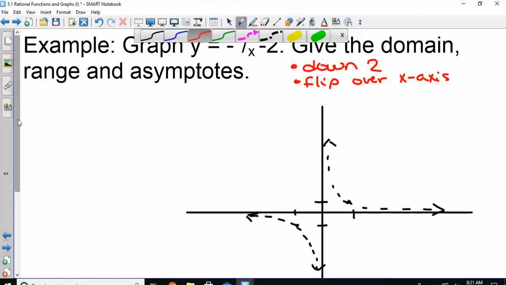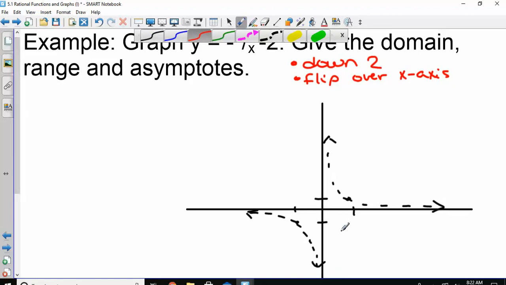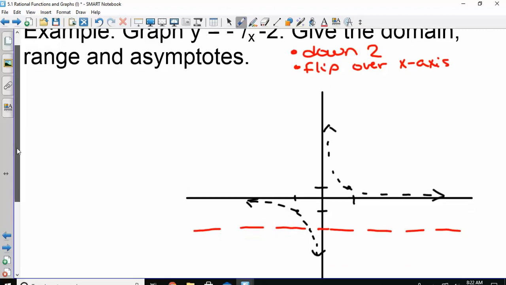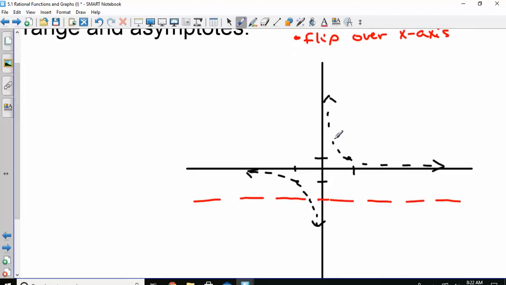If I move this thing down, that would move my horizontal asymptote. Moving it left and right switches your vertical, moving up and down moves your horizontal. So my horizontal asymptote is now going to be at negative 2. I'm just going to go ahead and draw that in. Okay, if I flip this thing, so if you took that curve and flipped it over the x, it's down here. So this point would move here, and then when you go down 2, it would look like this.